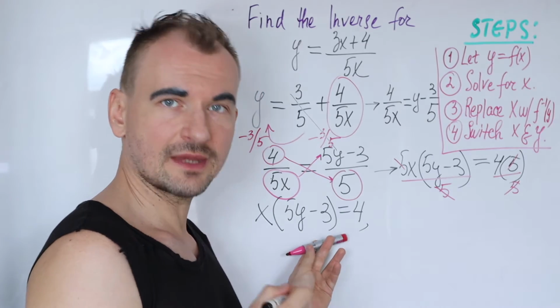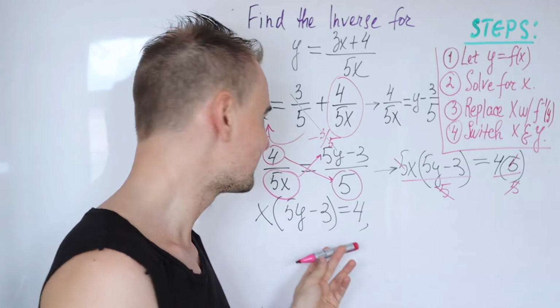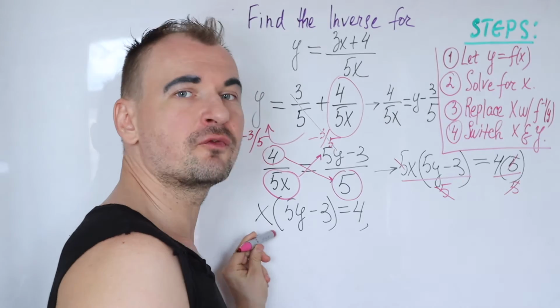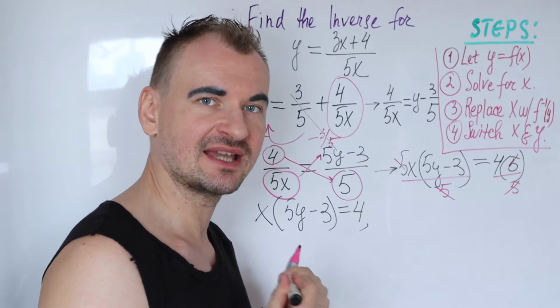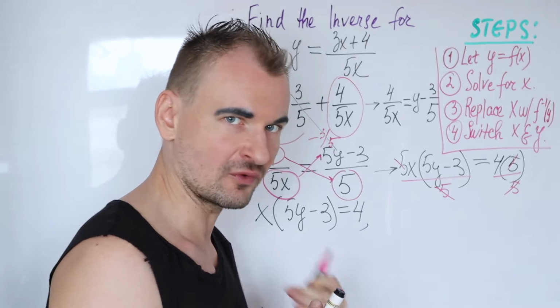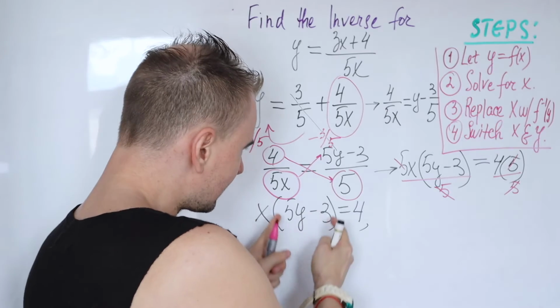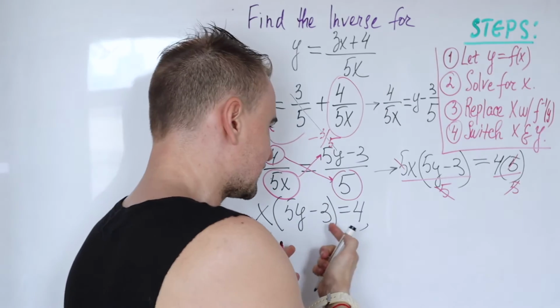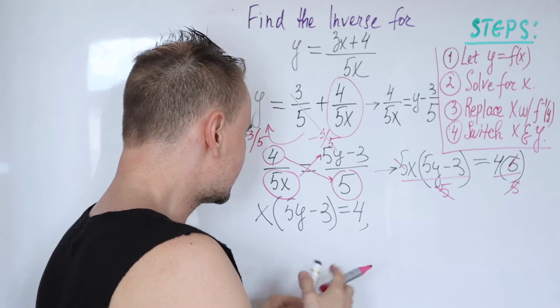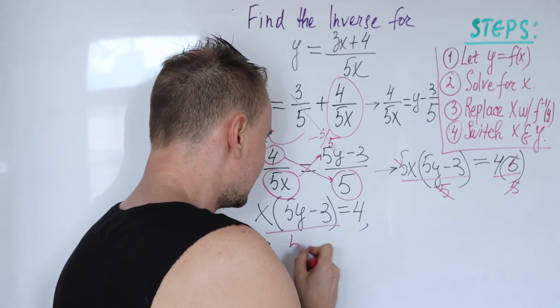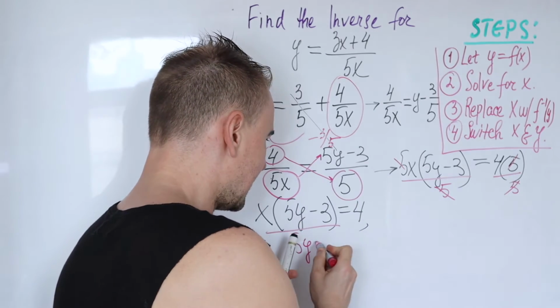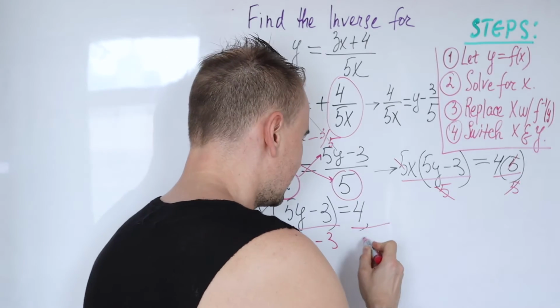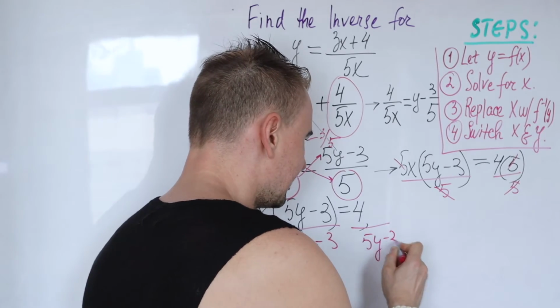Now the last step, thankfully. We are looking for x. We want to get x alone on the left side. This entire term is attached to x, so all you need to do is divide both sides by this entire parenthesis, which is 5y minus 3.